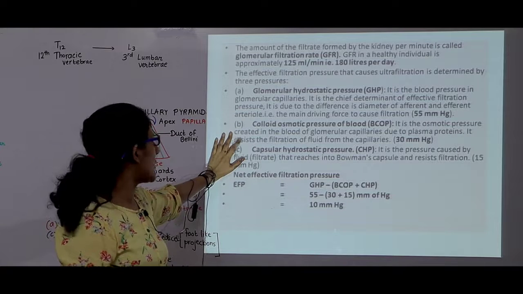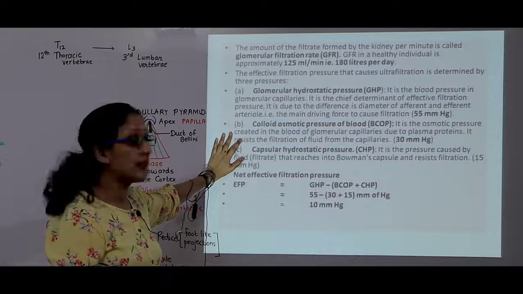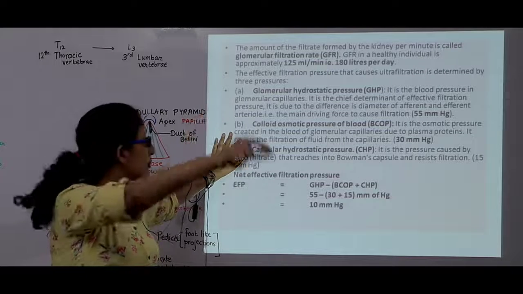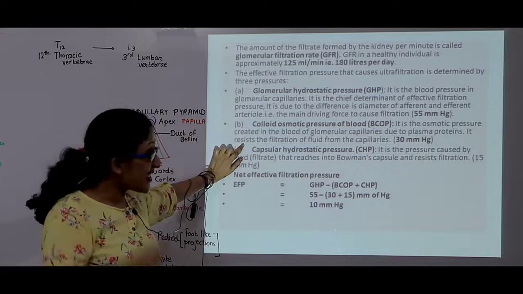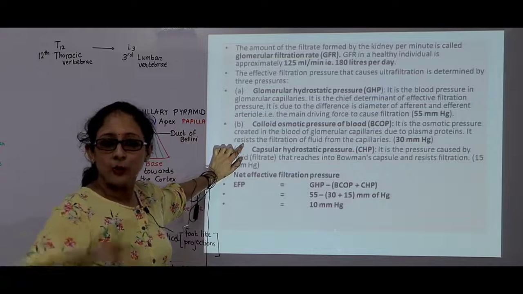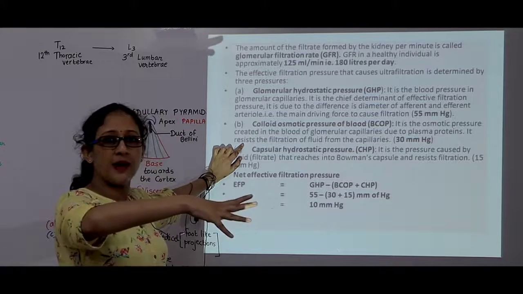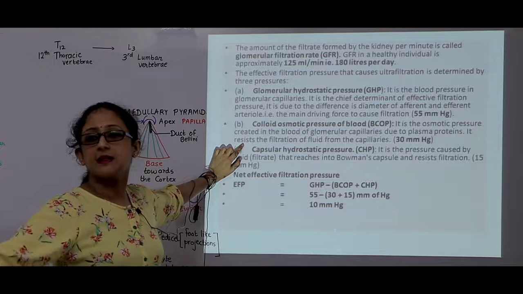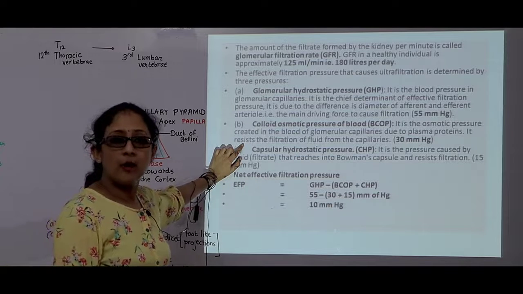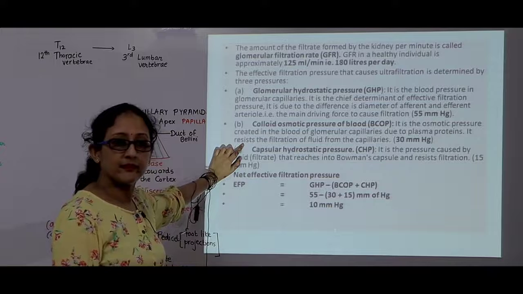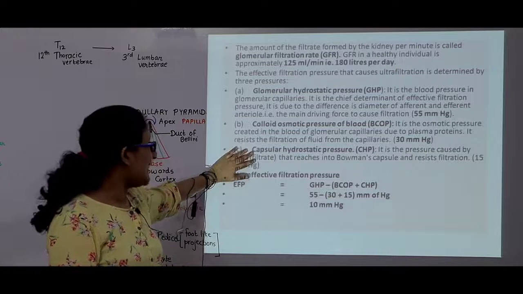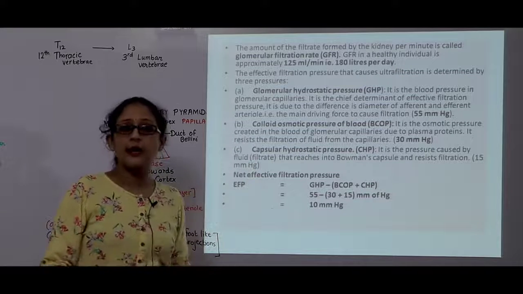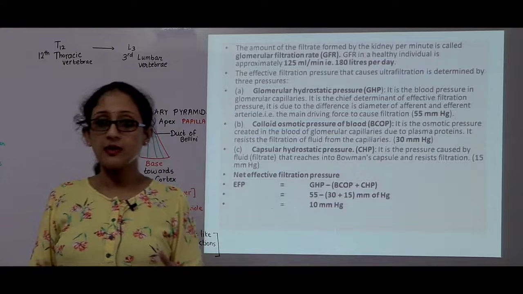So it is the osmotic pressure created in the blood of the capillaries due to the plasma proteins which resist the filtration. So plasma proteins do not want plasma to separate from it. This opposing pressure is 30 mm of Hg. And finally, capsular hydrostatic pressure.